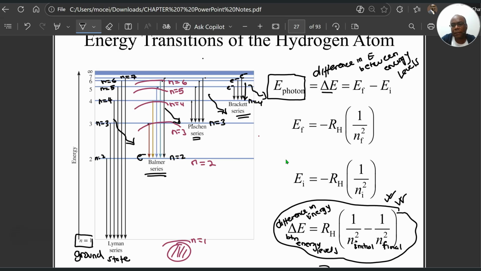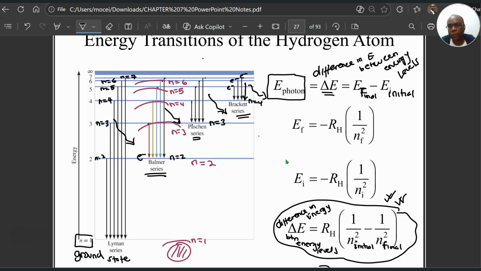We call that delta E, and delta E is equal to the energy of the final energy level minus the energy of the initial energy level. The final energy level is where the electron ends up, whether it's Balmer, Lyman, Paschen, or Brackett, and the initial is where the electron started, usually the higher energy level.